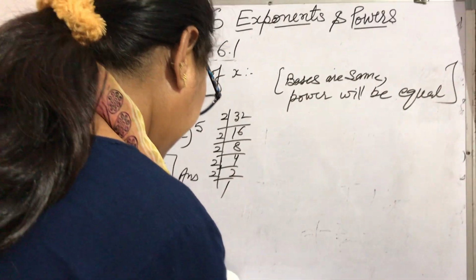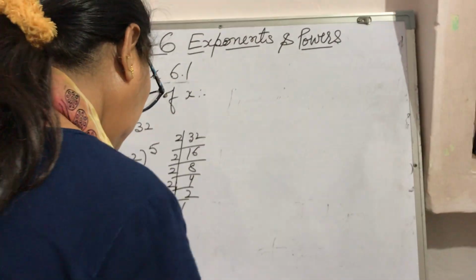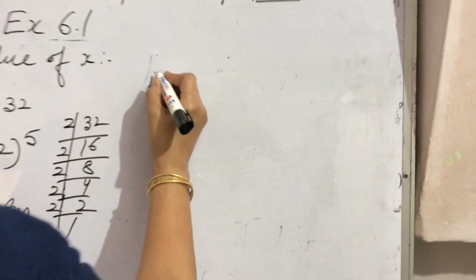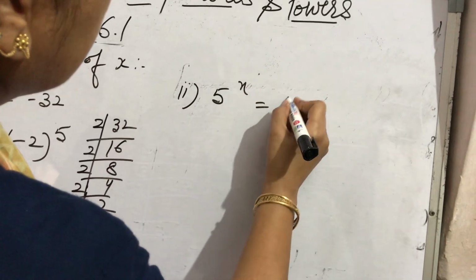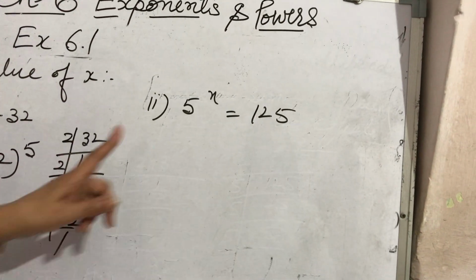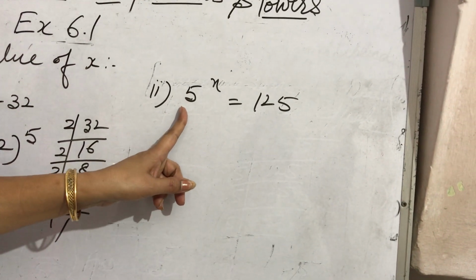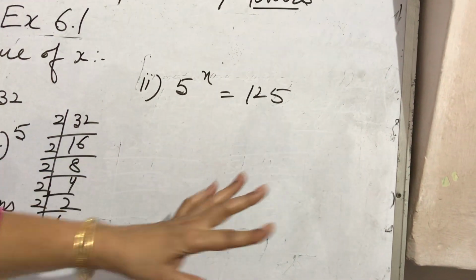Next, second part of the same question. 5^x = 125. Again, the minimum base we have is 5. 125 can be written in power notation having base 5.